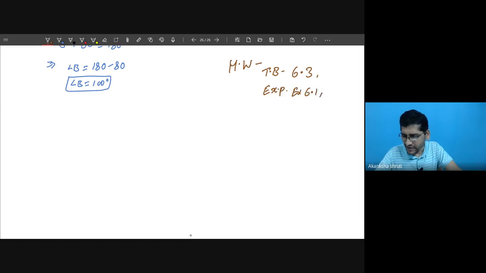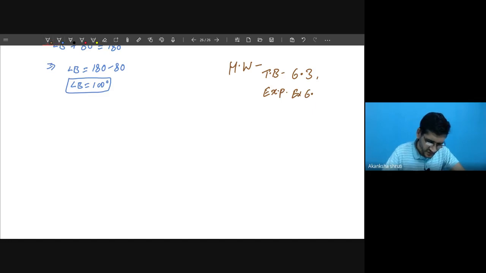So exercise 1, 2, 3 and 4, do all this. I think 1 we have already done. 1 we have done, no? Yes, sir. So do this 2, then 6.3, 6.4, this as the homework. In vacation homework, you have to do this thing.